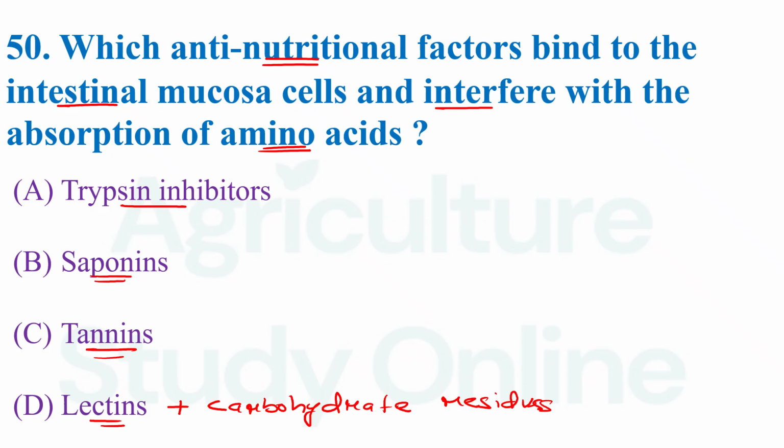Now this binding can damage or alter the intestinal lining. Also it can interfere with the nutrient transport systems, and even reduce the absorption of amino acids. So the correct option will be option number D, that lectins latch onto the lining and block the absorption.